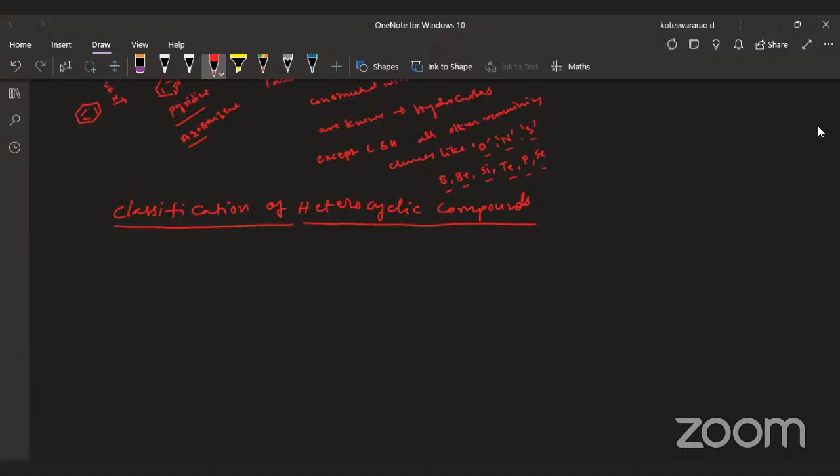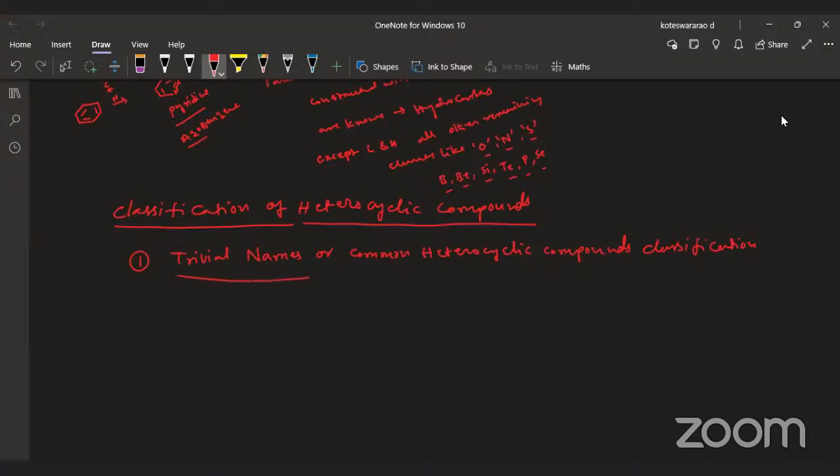First, in the classification, the trivial names or trivial classification. Trivial names are common heterocyclic compounds classification.